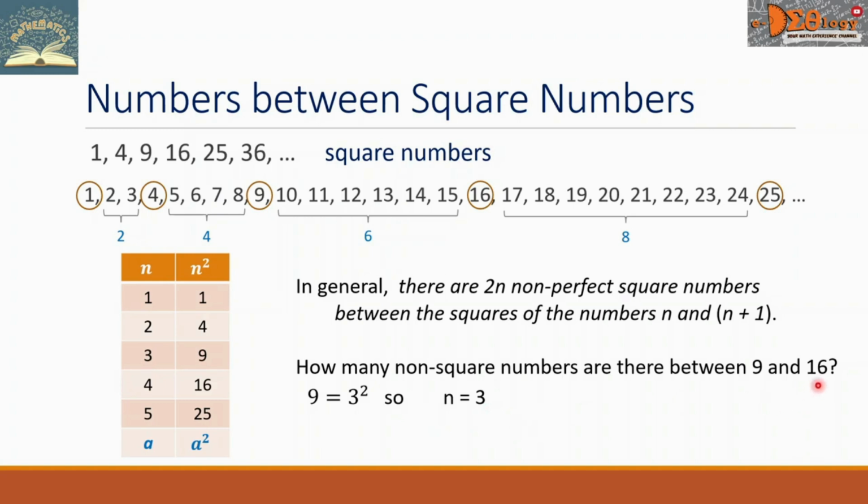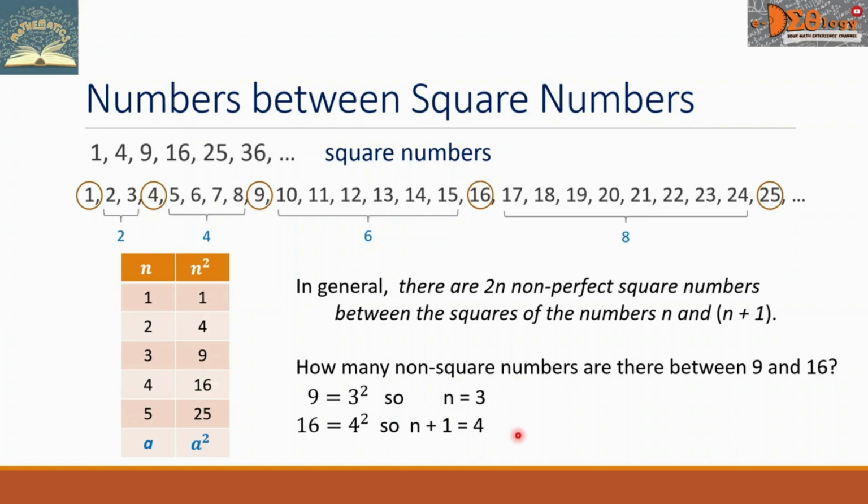For the number 16, we can look also at our table. So the 16 is here, and we can write 16 equals 4 squared. So the corresponding value for 16 is 4. However, in this problem, since n equals 3, n plus 1 is the number 4.